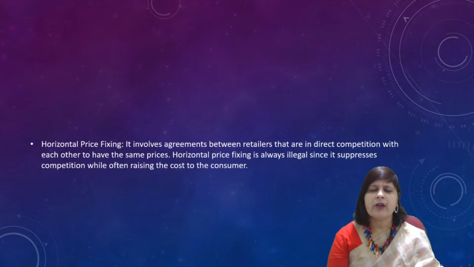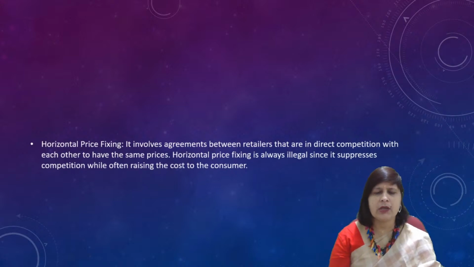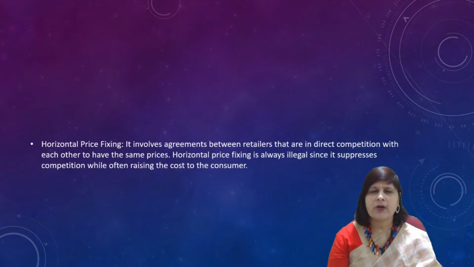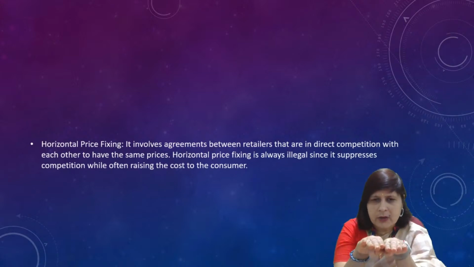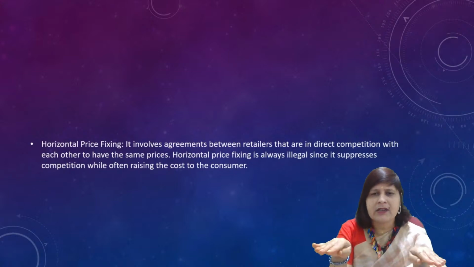Okay. Horizontal price fixing involves an agreement between retailers that are in direct competition with each other to have the same prices. Horizontal price fixing is always illegal since it suppresses competition while often raising the cost to the consumers. Horizontal means when someone is at the same position.